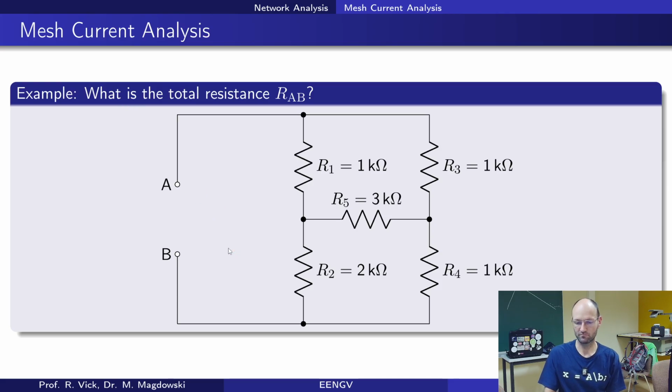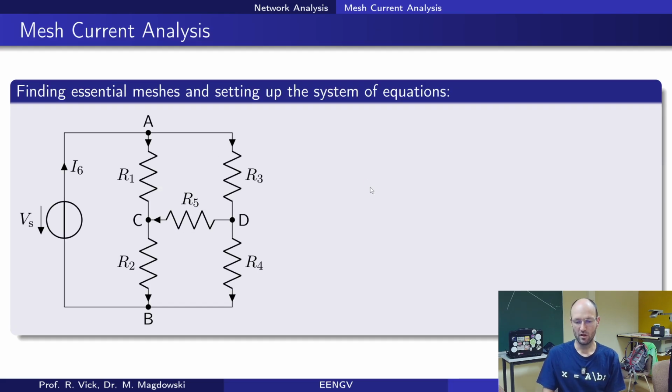For this, we will connect a source here. The source will power the circuit, and if we know the voltage here, and if we can calculate the total current at this line, or the current that goes into R1 and into R3, this will be the total current, and so voltage divided by total current will give us the total resistance of the circuit.